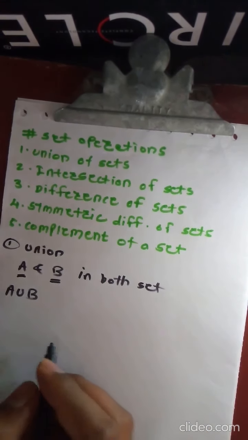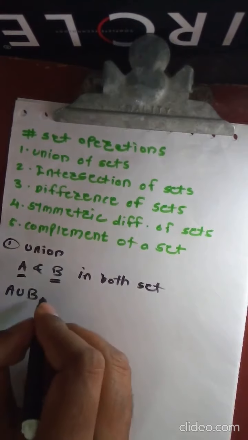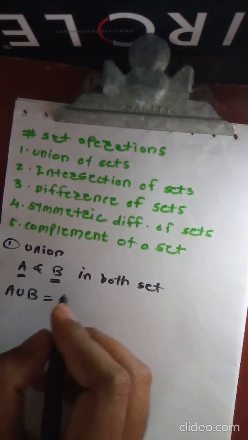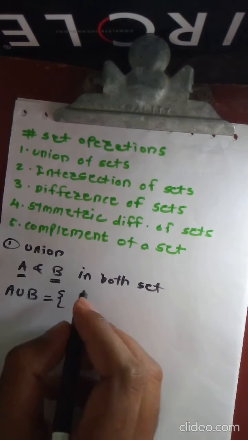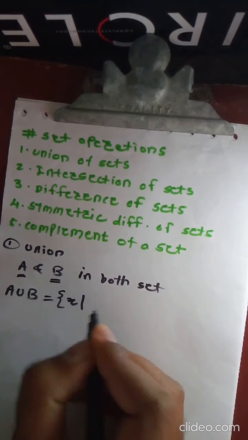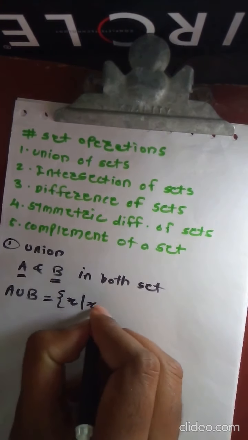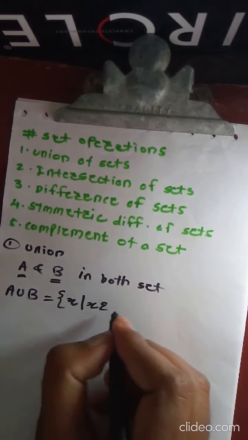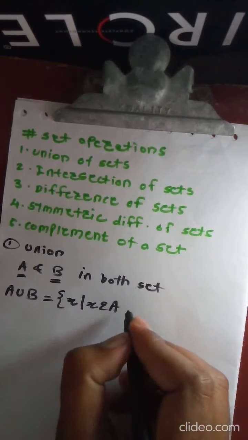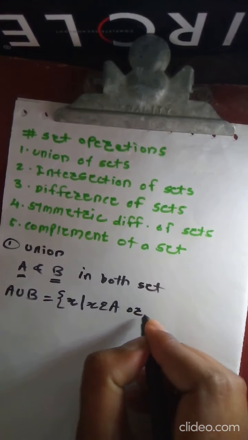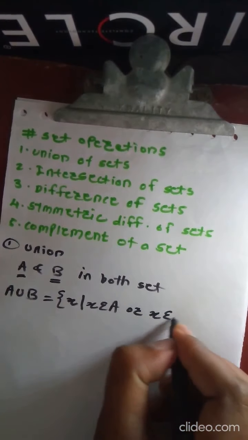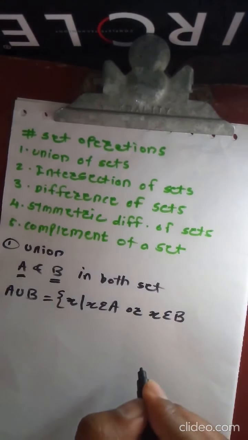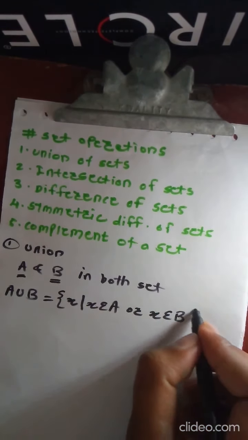And in builder form we can represent A union B is equal to X, such that X belongs to A or X belongs to B, right?